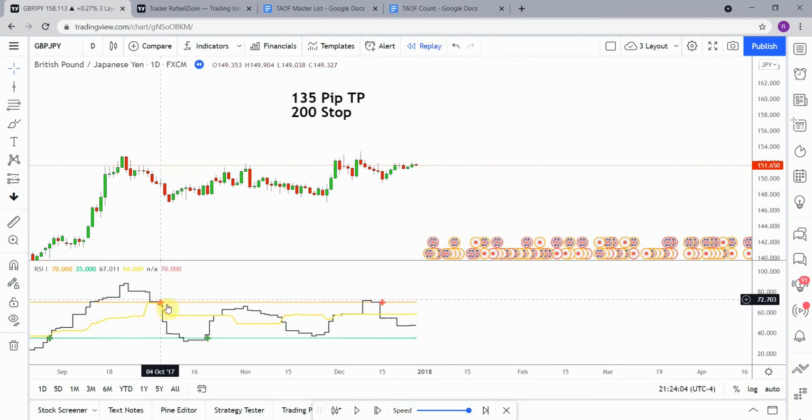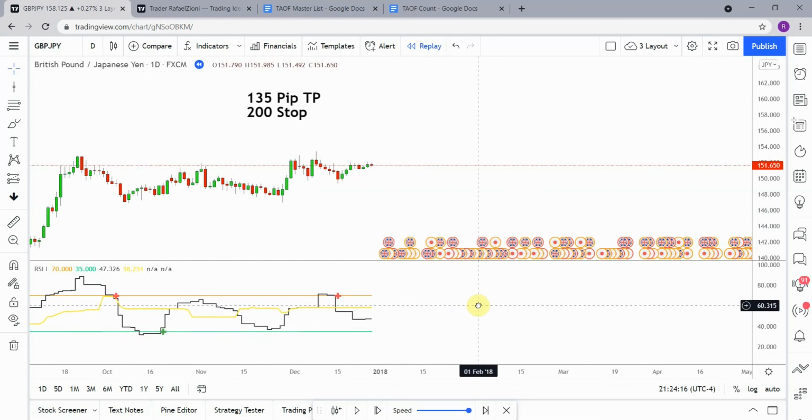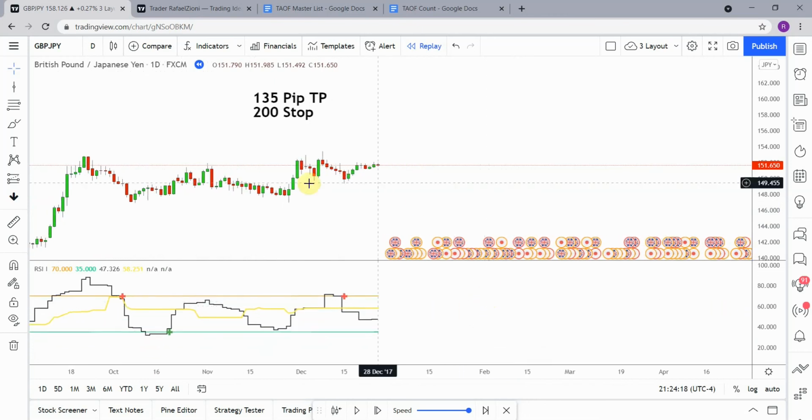The setup is when we get a red cross, we are going to go short. When we get a green cross, we are going to go long. So not much to it other than that. Let's go ahead and get on with the testing and see what we can get out of this.